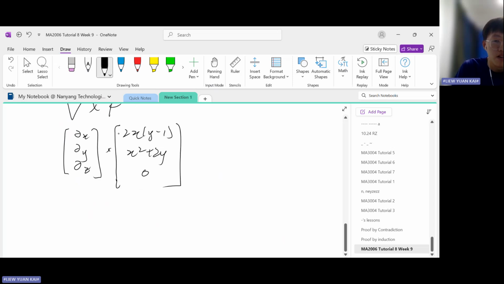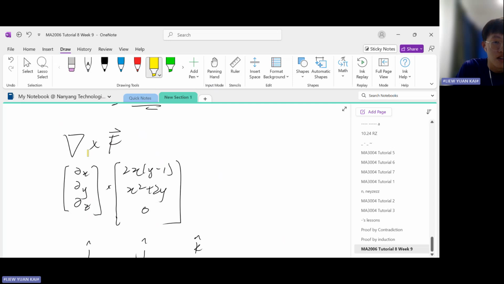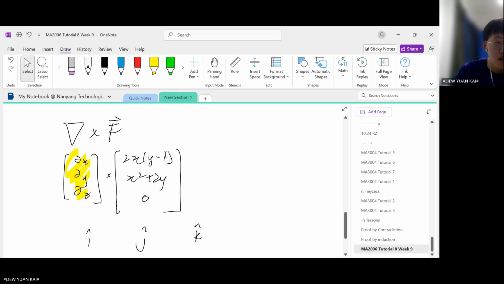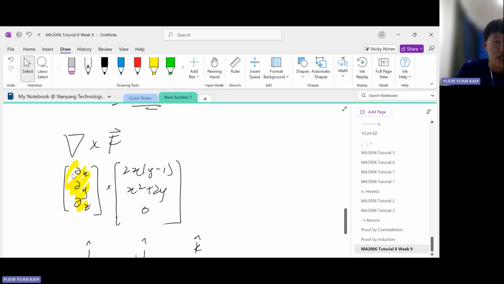And remember how to do the cross product of two vectors? What you need to do is find the determinant of this structure. In the first row, you put the unit vectors i, j, k. In the second row, you put the entries of the first vector, namely nabla. Then in the third row, you put the entries of the second vector, which is this one.